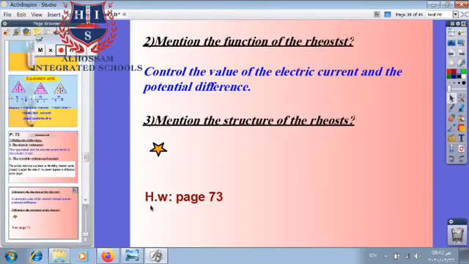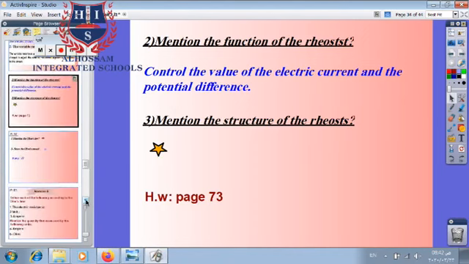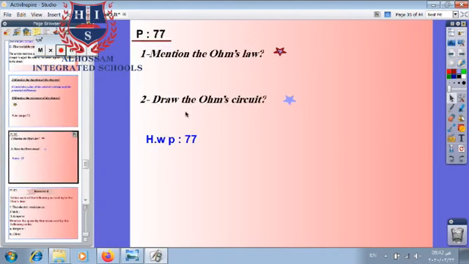Number 2, mention the function of the rheostat. From the previous definition, we can get the function of the rheostat: to control the value of the electric current and the potential difference. Mention the structure of the rheostat.